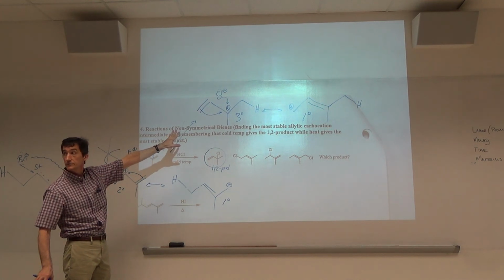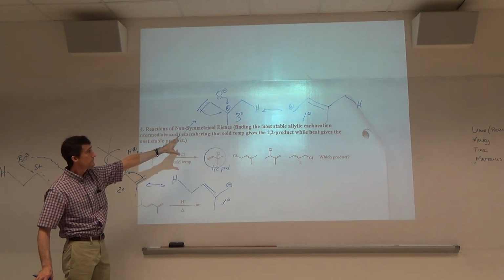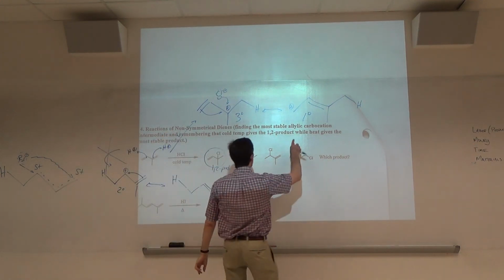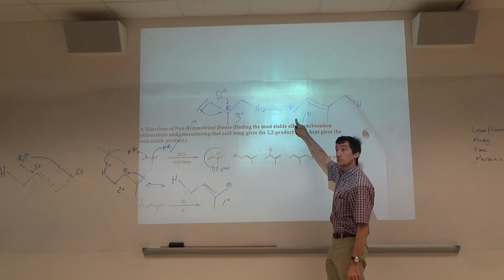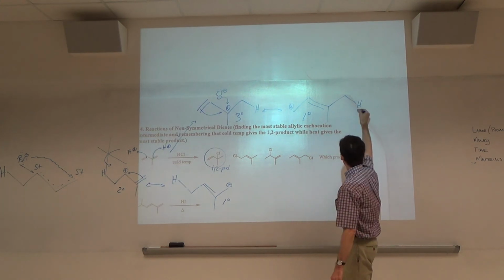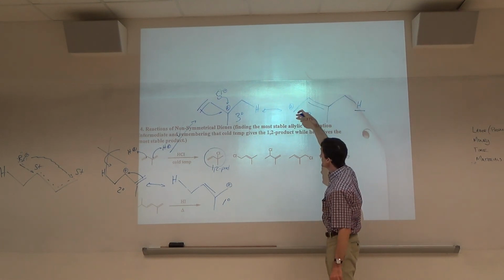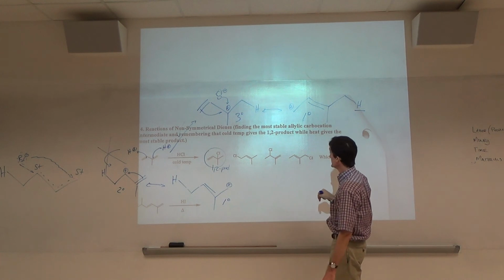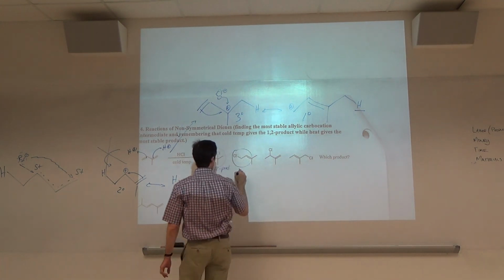The chlorine adds to which cation? Over here? Why? Because it's 1,4, right? That's 1, 2, 3, that would be 4. Chlorine adds at 4. And if it added there, you get that one. There's your 1,4 product.